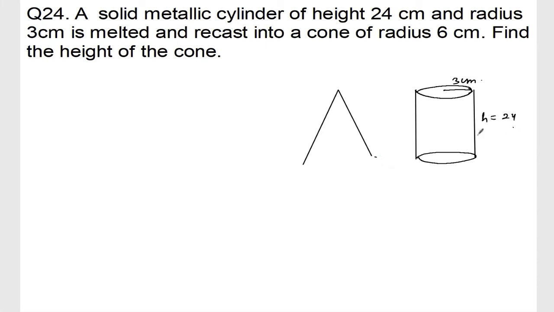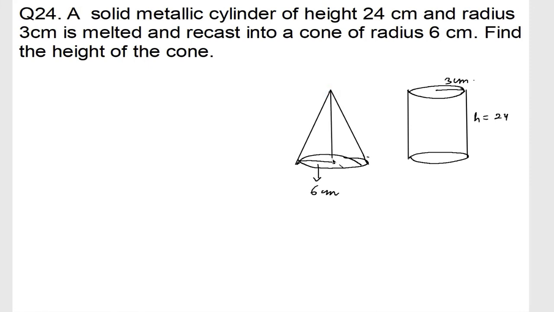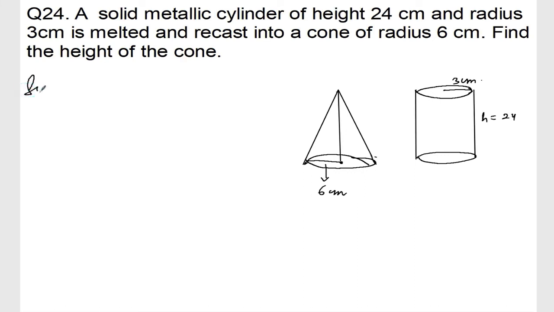Let me make this one a little bit longer. The diagram is a little bit horrible, but fine. Now what I am doing is I'm melting this cylinder, making a cone. Cone has a radius of 6 centimeter. So the radius here is 6 centimeter. Find the height of the cone. I need to find the height of the cone. So height is like this, right? So this is h. So let me write down the solution.